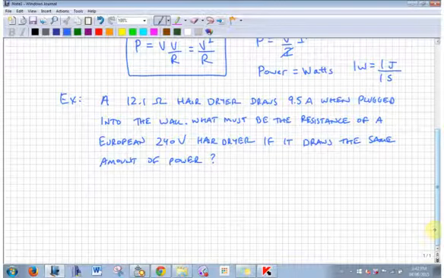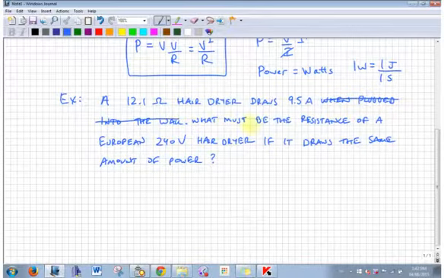I know the resistance of this hairdryer. I know the current. Could I find the voltage? Sure, V is IR. Do I care? Let's read on. What must be the resistance of this hairdryer if it draws the same amount of power? Well, what is the power of this hairdryer?